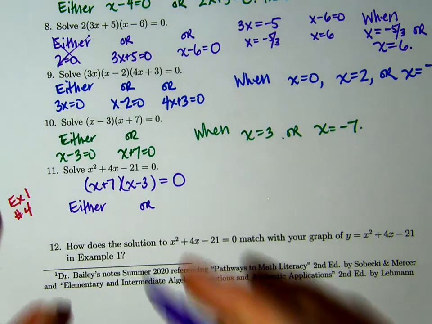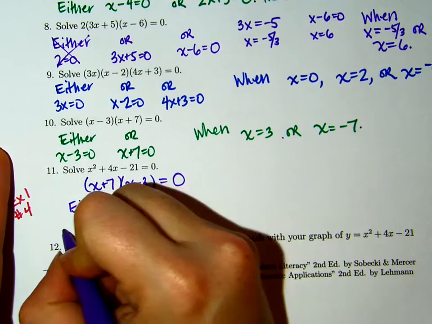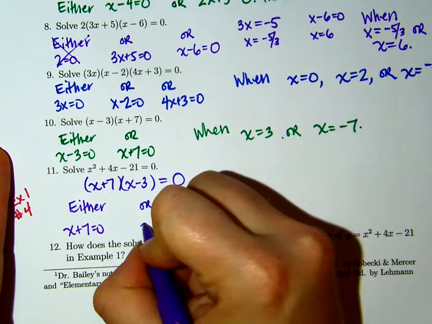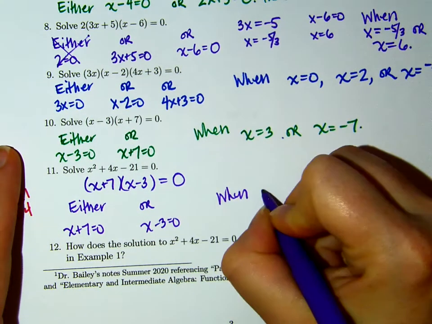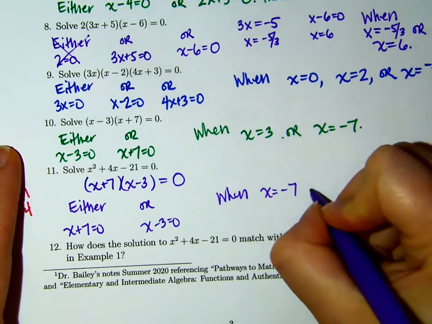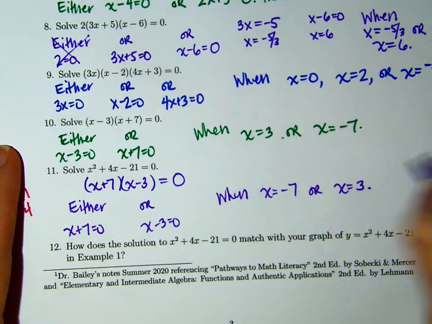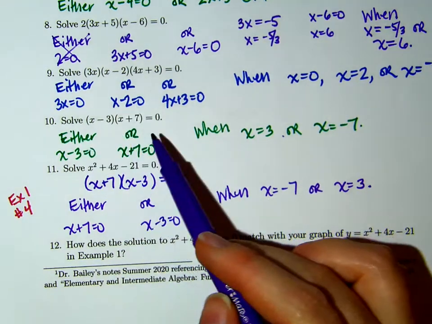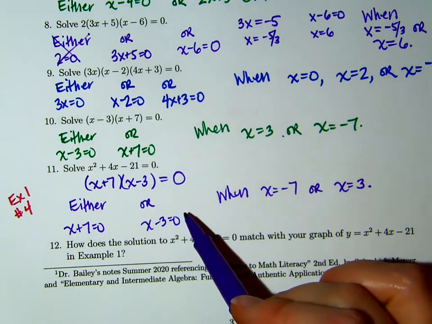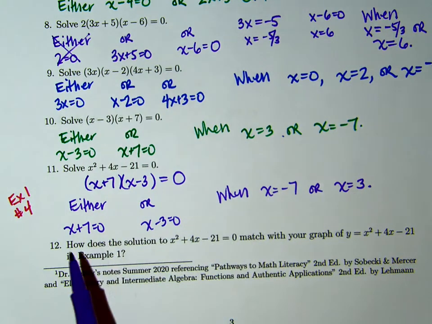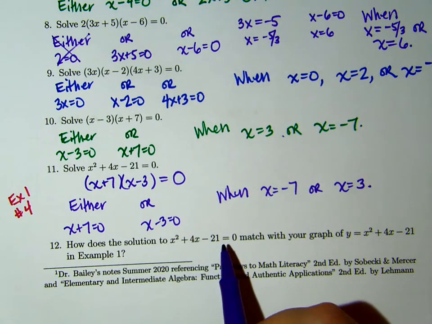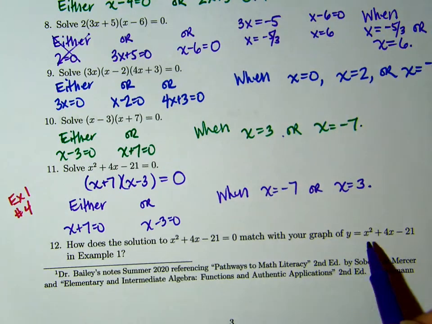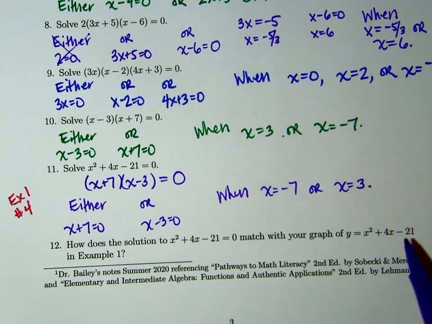Well, that means either x plus 7 equals 0 or x minus 3 equals 0, and that happens when x equals negative 7 or x equals 3, which happens to be the same as this, yes? How does the solution to x squared plus 4x minus 21 equals 0 match with your graph of x squared plus 4x minus 21 in example 1?